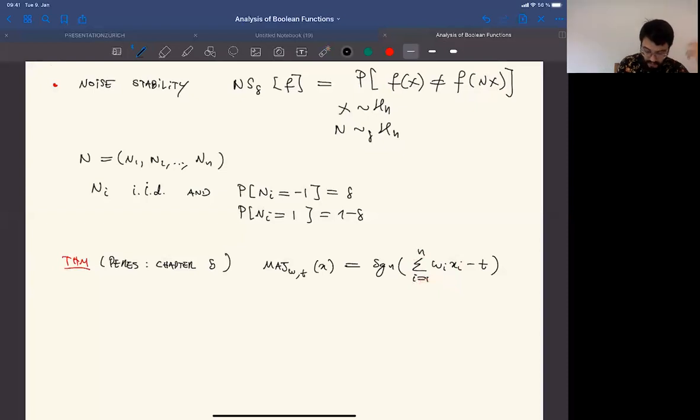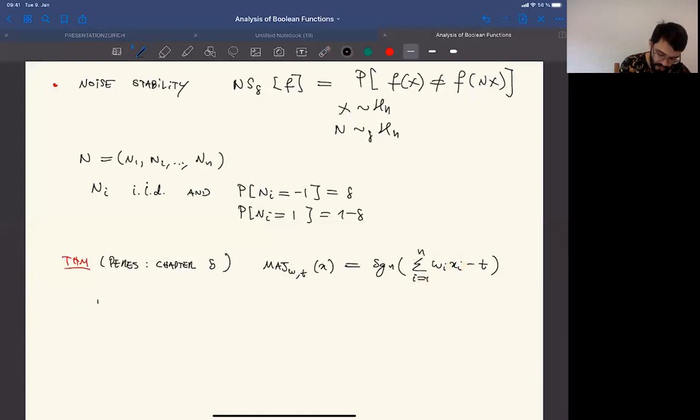But in any case, Peres showed what happens if there is noise in this, let's say, calculation of the votes. What happens if some of these votes are flipped, okay, with a certain small probability.